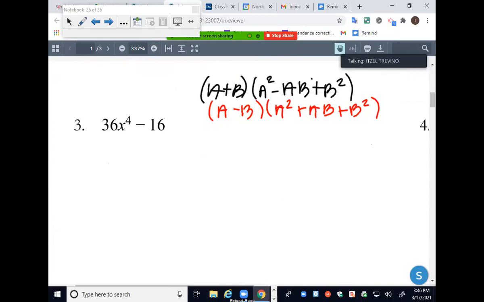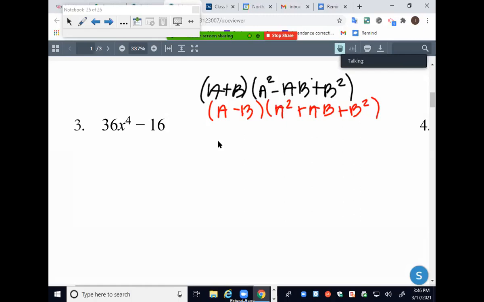So number 3 is not cubed. If it's not cubed, what are we going to do? Are we going to use the differences of cubes, or are we going to do something else?